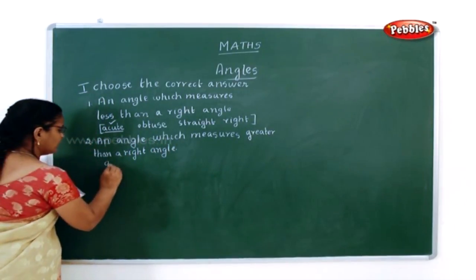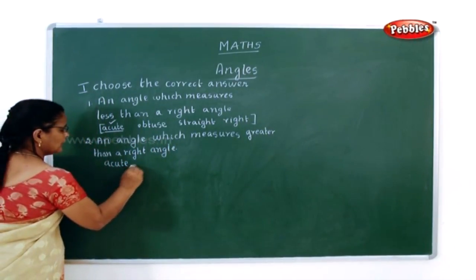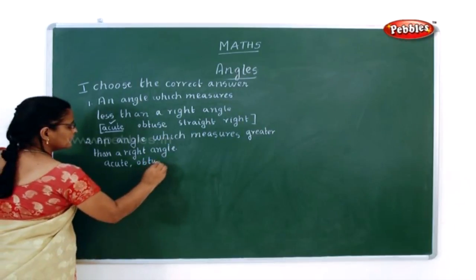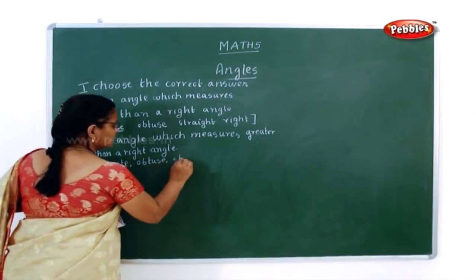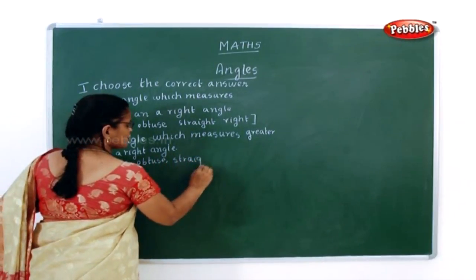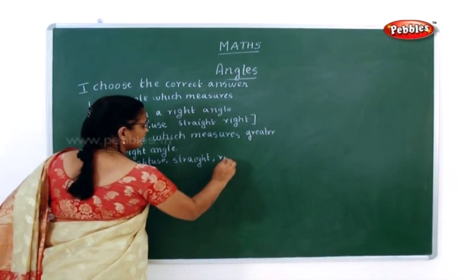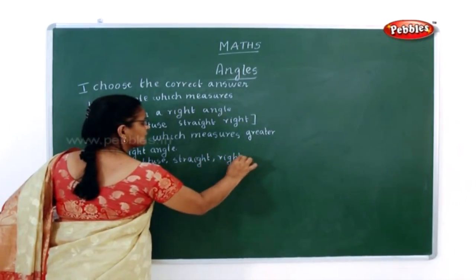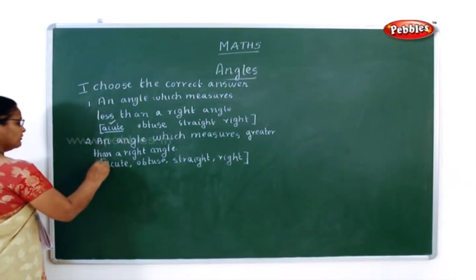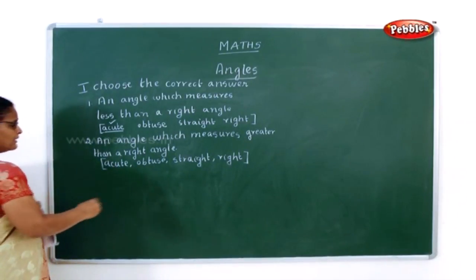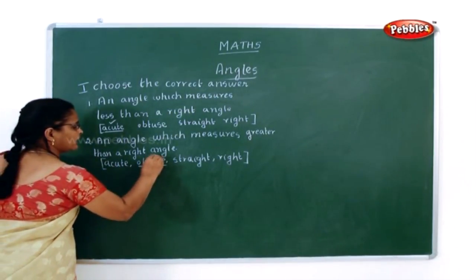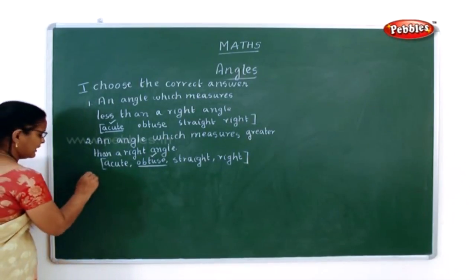Same. Acute angle, obtuse angle, straight angle, and the last option is right angle. Now can anyone tell me for this? Which angle measures greater than a right angle? It is the obtuse angle. The answer is obtuse angle.